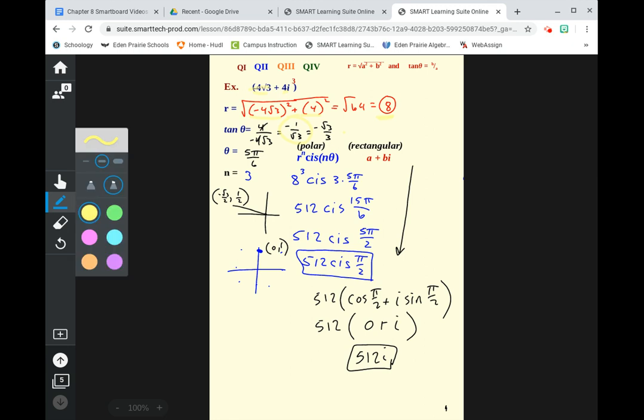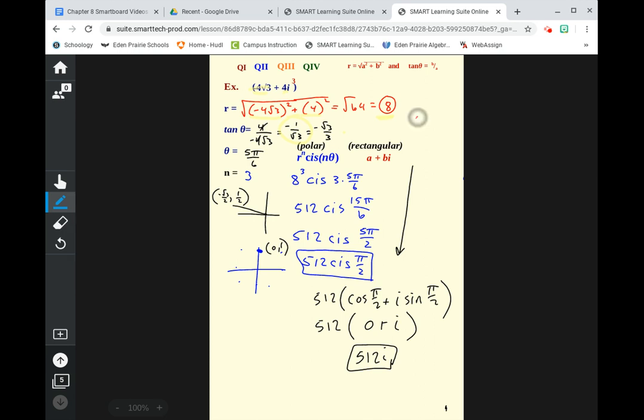Again, you should make your unit circle. Where is the tangent negative root 3 over 3? It is definitely over here in the second quadrant. 1, 2, 3, 4, 5 pi over 6. All right, 5 pi over 6, the tangent is negative root 3 over 3. So now I have my theta.